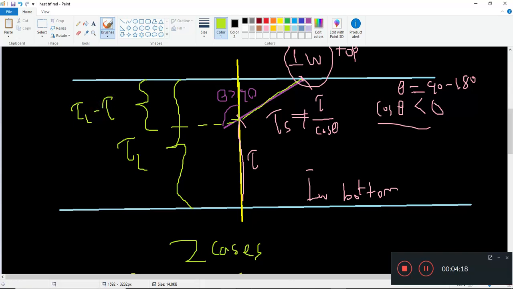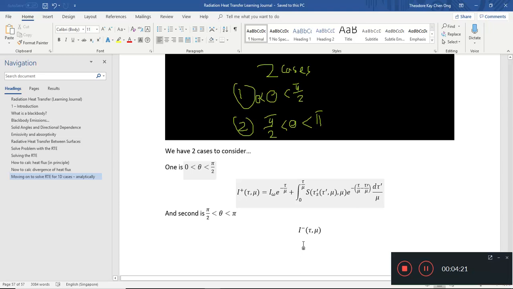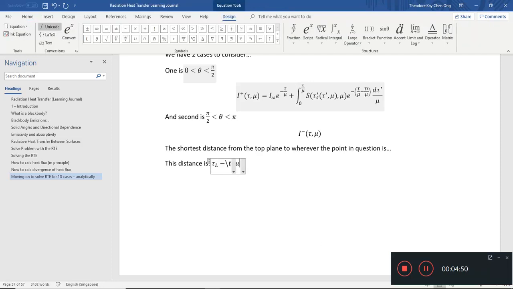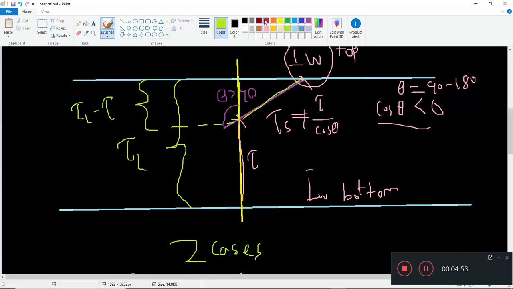So the shortest distance from the top plate to wherever the point in question is, this distance, is tau L minus tau. That is the distance over here, which I have in red.